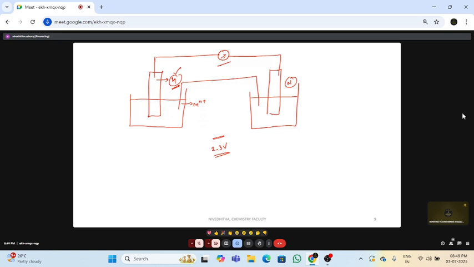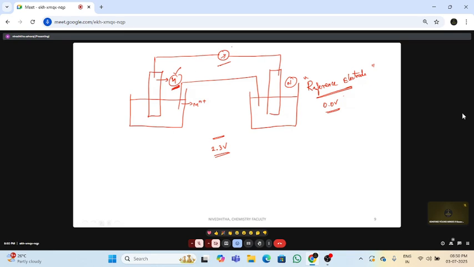So to measure the electrode potential of only this unknown metal, I'm going to have a reference electrode here. And we know the value of the reference electrode already. For example, this reference electrode's contribution was 0. I'm going to connect this reference electrode with this unknown metal.